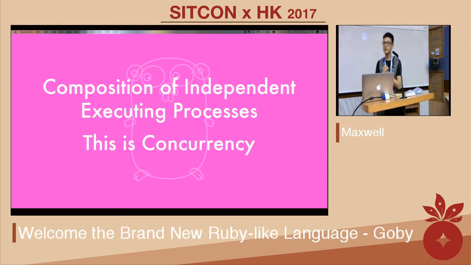So concurrency illustrates an important notion: the composition of independent executing processes. It matters a lot in breaking a task into subtasks, and these subtasks are mutually independent. They have no shared things between them.